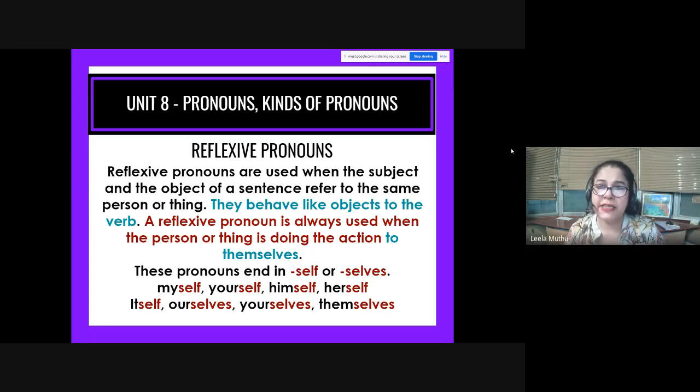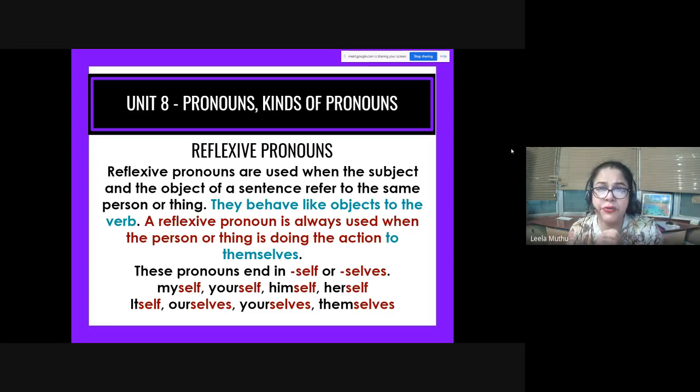For example, if I say I ate an apple, the apple is the object. The apple has received the action of being eaten, right? So now let's see what pronouns you use to show when the subject and the object are the same thing. These reflexive pronouns behave like objects to the noun.